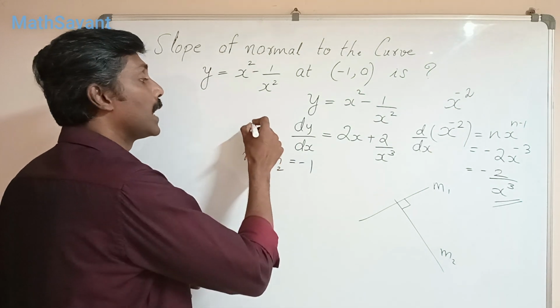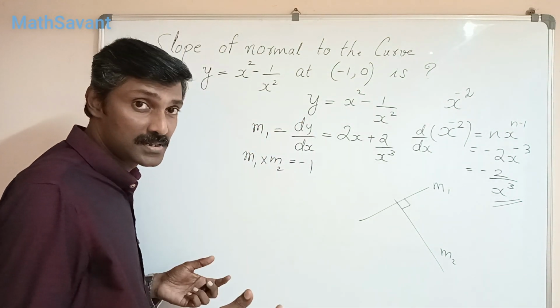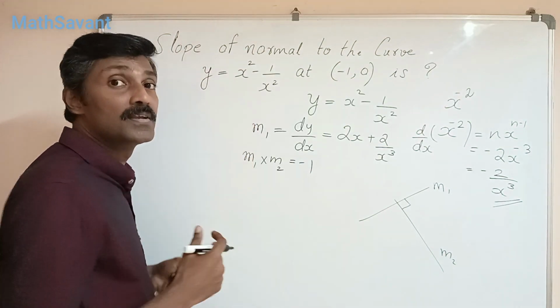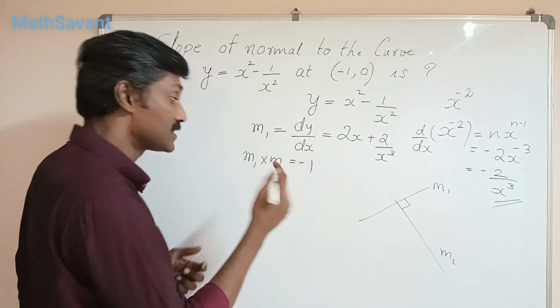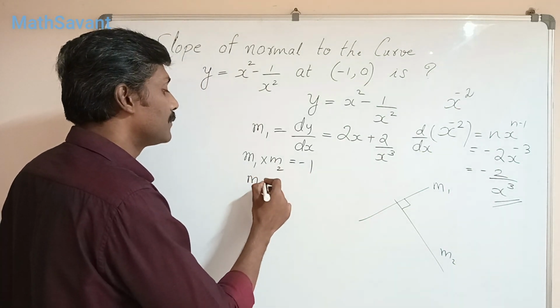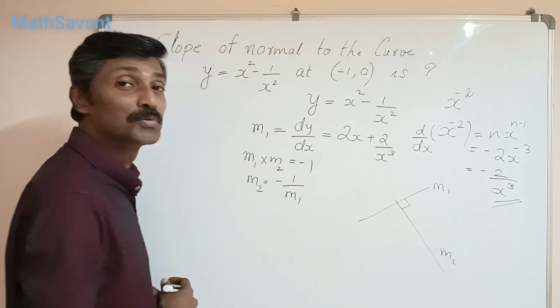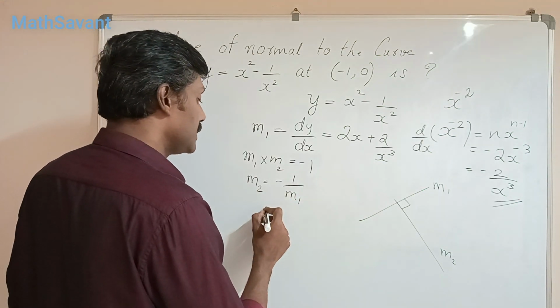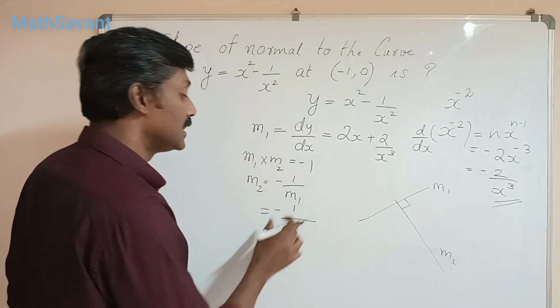We already got m1, which is dy by dx, that is the slope of the tangent, and we need to find out the slope of the normal. So let that be m2, and we know the product is minus 1. So what is m2? m2 will be minus of the reciprocal of m1, correct? So this will be equal to minus 1 divided by m1.